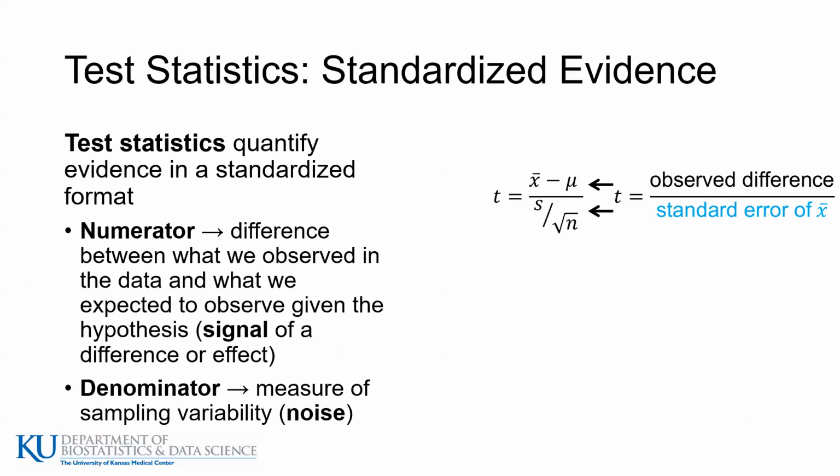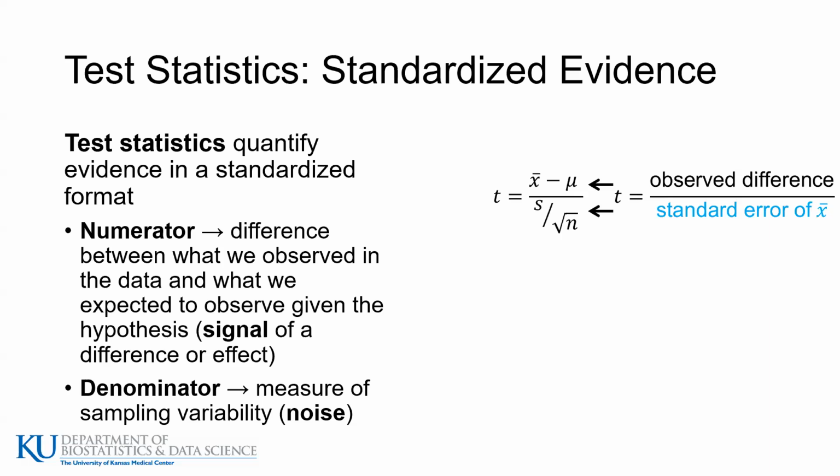So the numerator is going to be, in this case, the difference between the average that we observed, so 135, minus the population mean under the null hypothesis, which is 129. And then the denominator is some measure of sampling variability or the noise in the data.